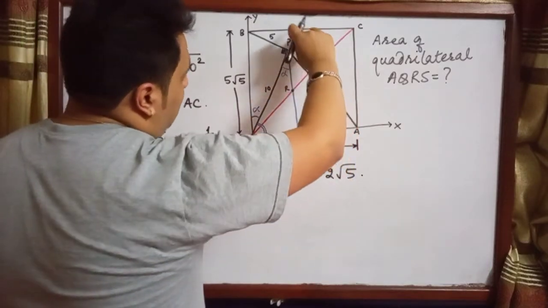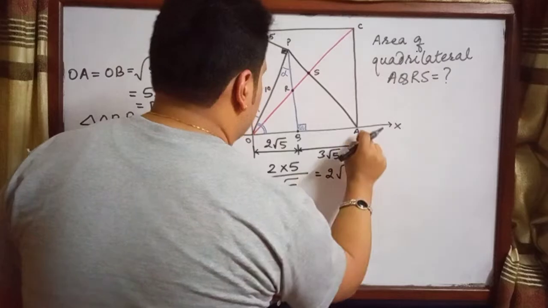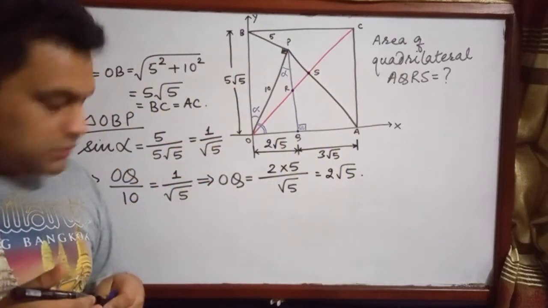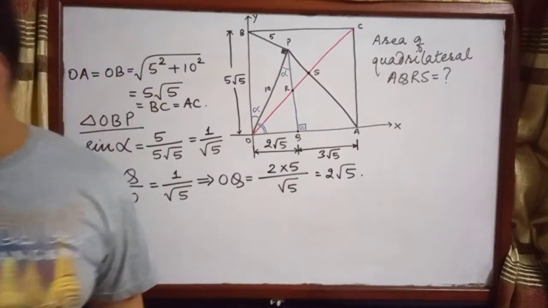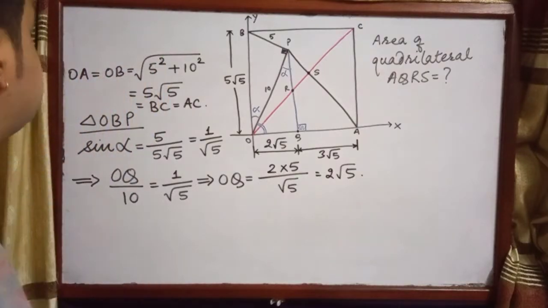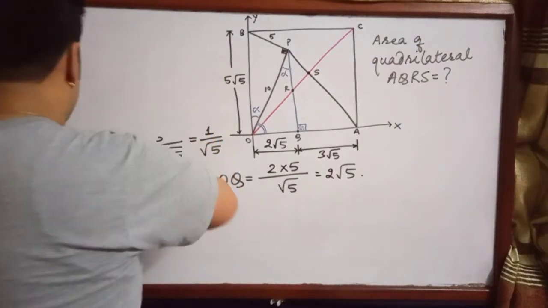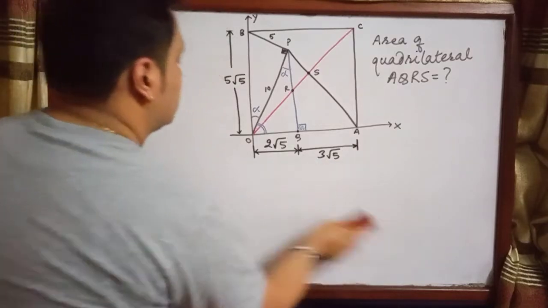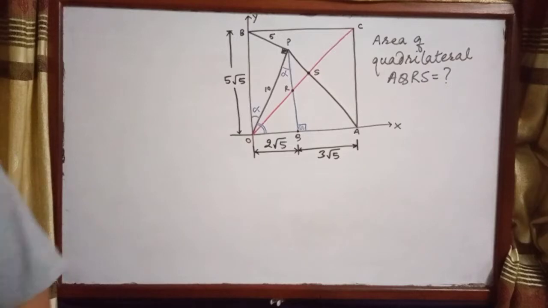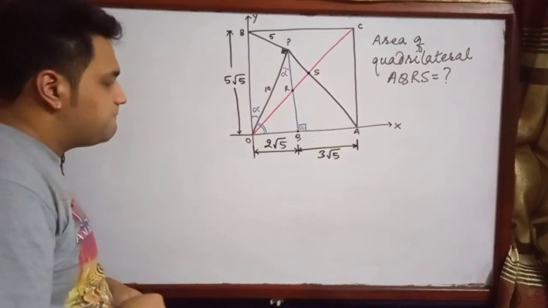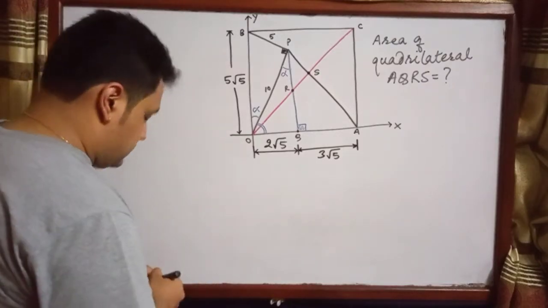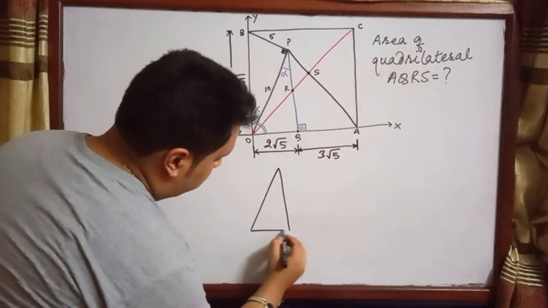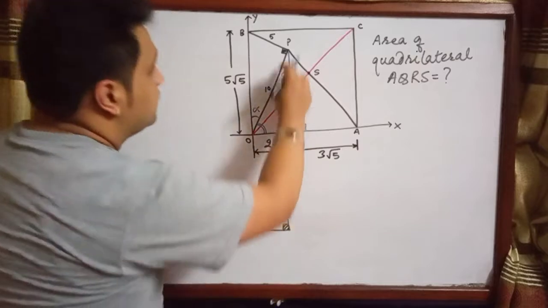Now let's calculate the height PQ of triangle OPQ. Let's clean the board a little bit. So what we have is a right angle triangle, this triangle.